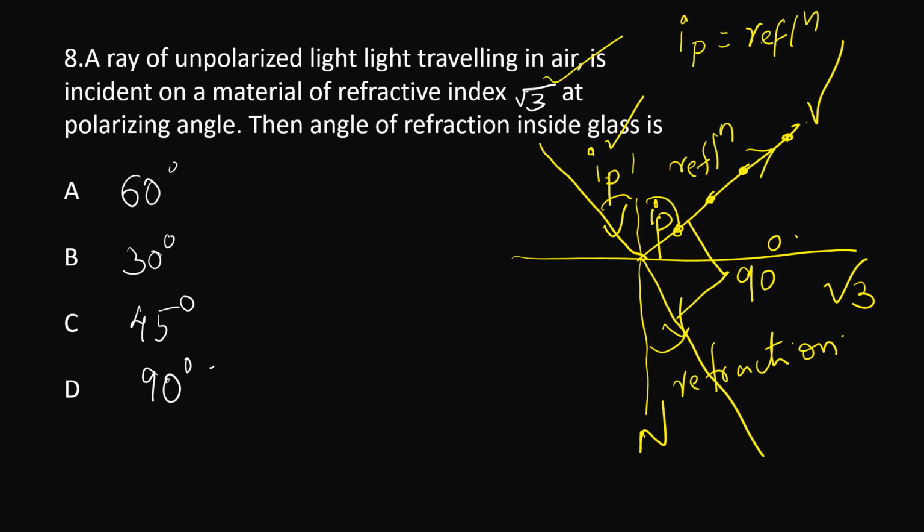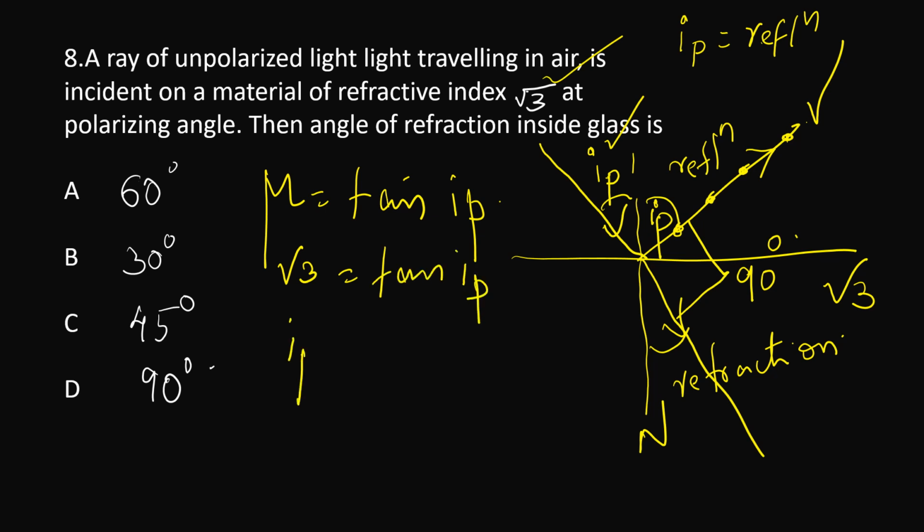By Brewster's law, we can write μ = tan IP. Here μ is given as root 3, so tan IP = root 3, or Brewster's angle is tan inverse root 3, that is 60 degree.